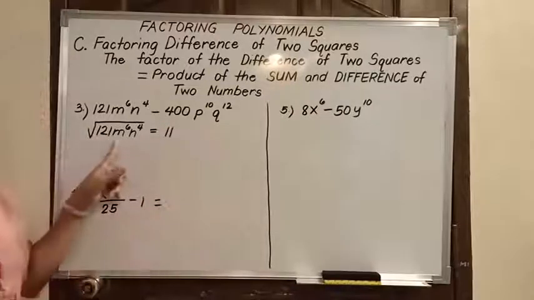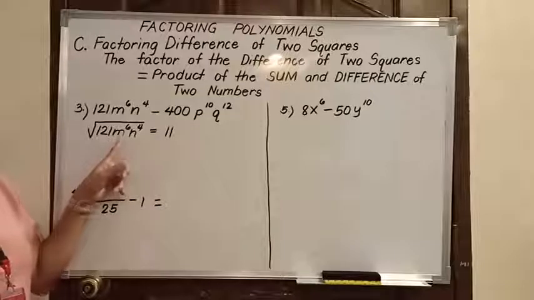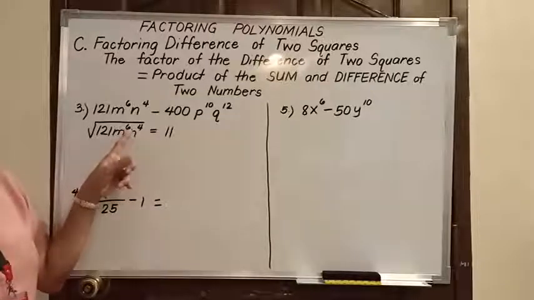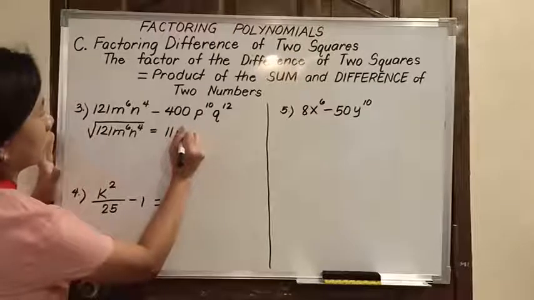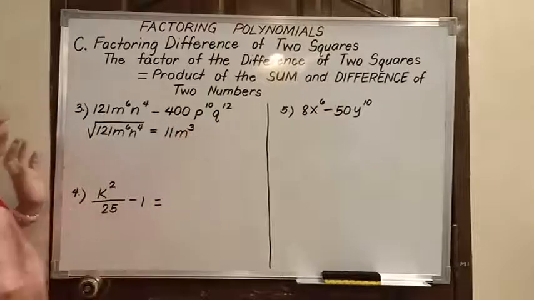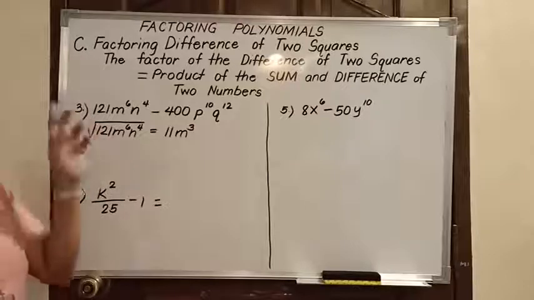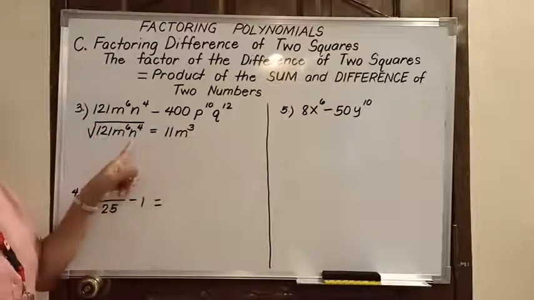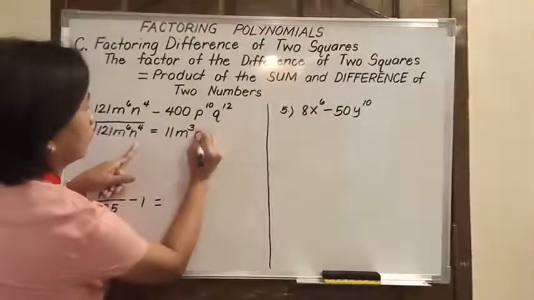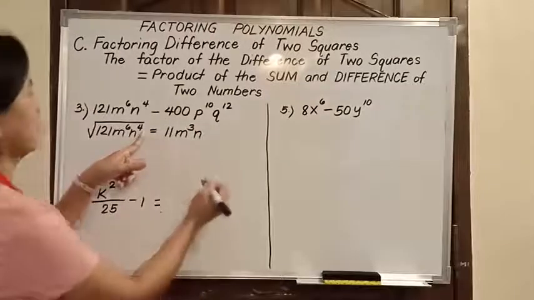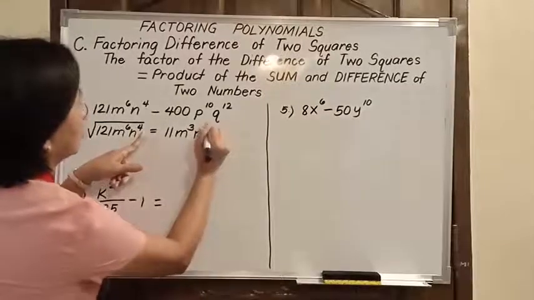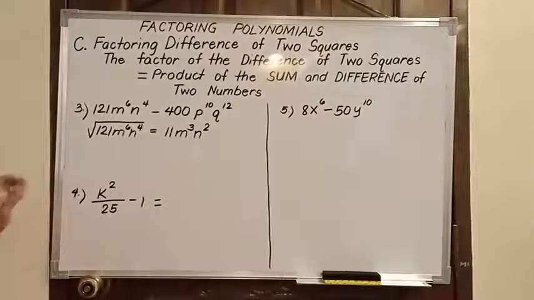How about the square root of m to the 6th? The exponent of m is 6. 6 divided by 2, okay, that is 3. Therefore, the exponent of m should be positive 3. For n, we have the square root of n to the fourth, 4 divided by 2 for the exponent. It should be n to the second power.